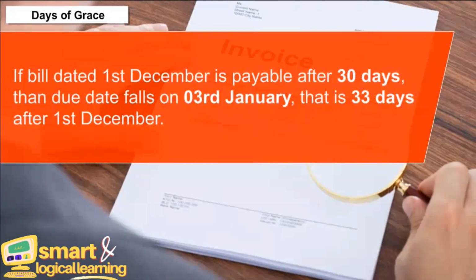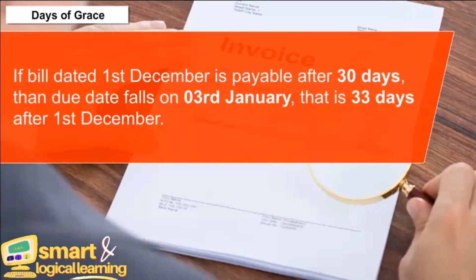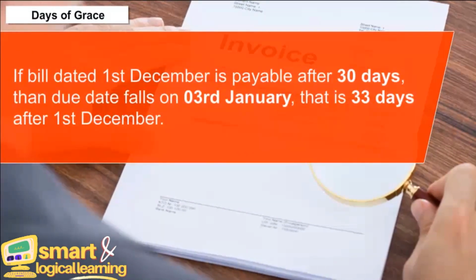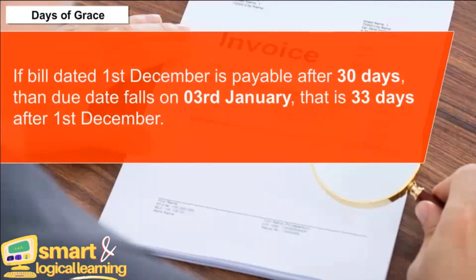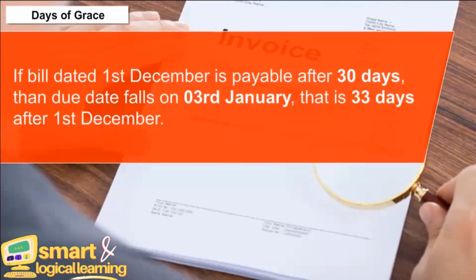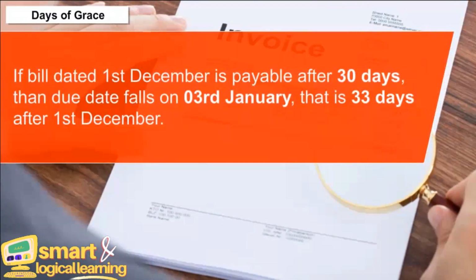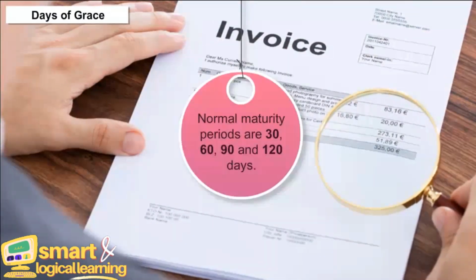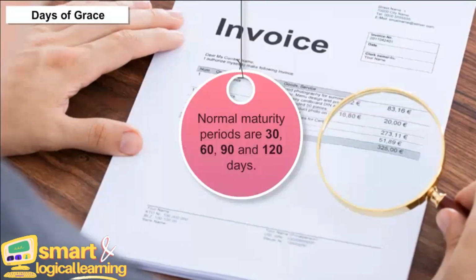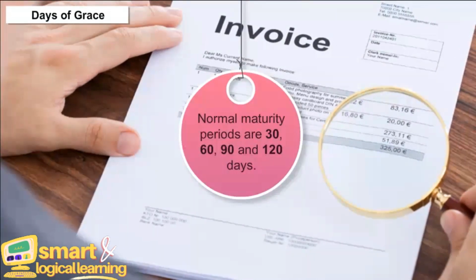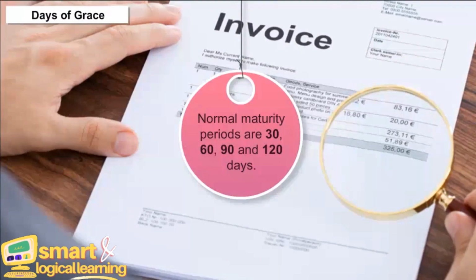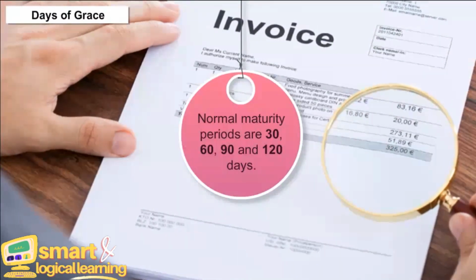Example: if a bill dated 1st December is payable after 30 days, then the due date falls on 3rd January, that is 33 days after 1st December. Normal maturity periods are 30, 60, 90 and 120 days.